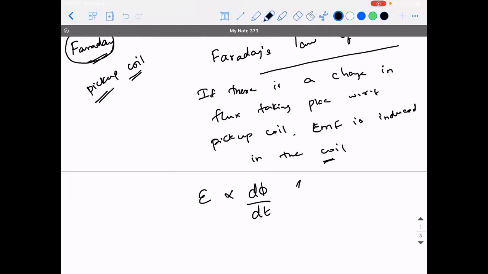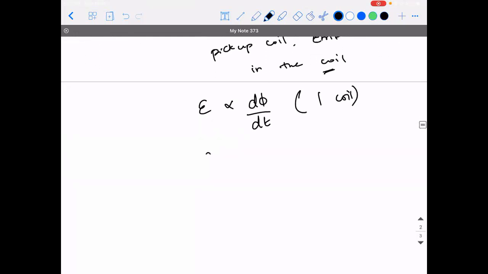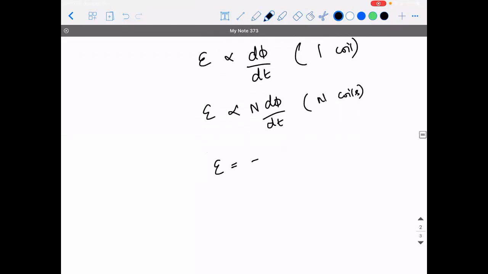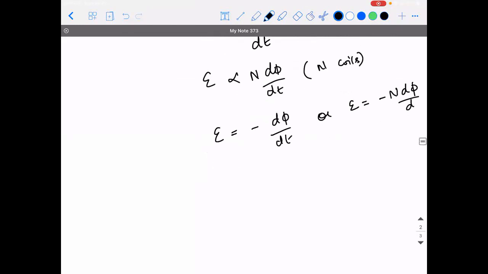Okay. So if it is one coil, then E is directly proportional to d phi by dt. If it is n coils, then E is directly proportional to n into d phi by dt. Then EMF will be equal to negative of d phi divided by dt, or EMF will be equal to minus n into d phi divided by dt. And this is happening due to the instantaneous change in flux.